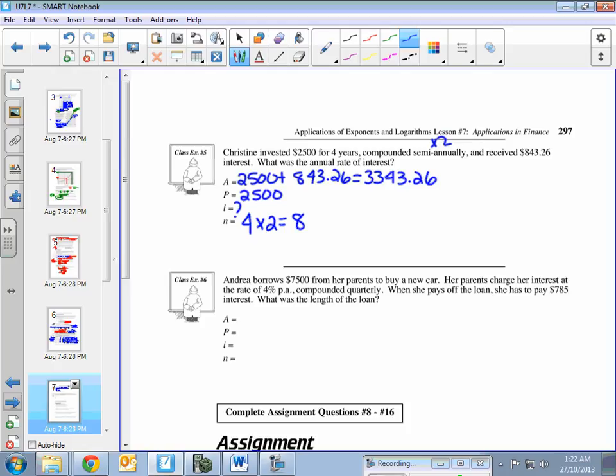So let's solve this. A equals P times 1 plus I, all to exponent N. We have our A, 3343.26 is equal to 2,500 times 1 plus I, we don't know our I, and our N is 8.